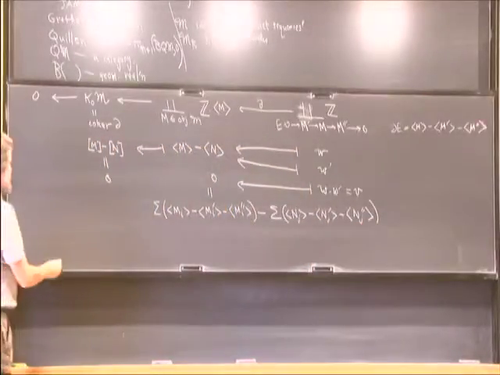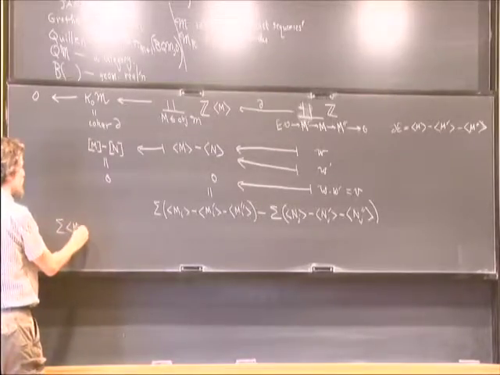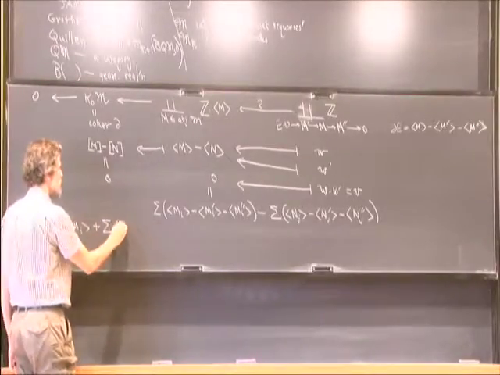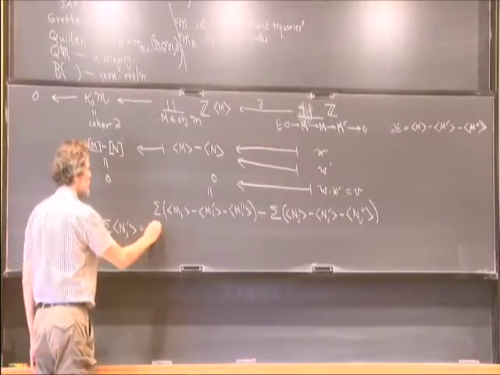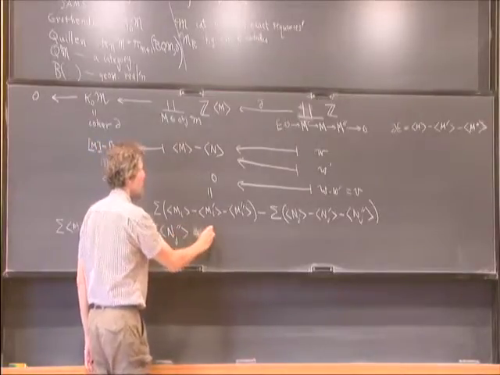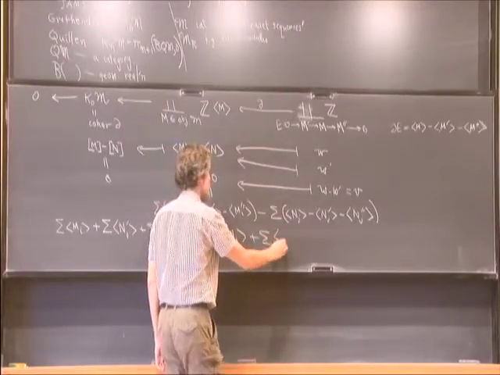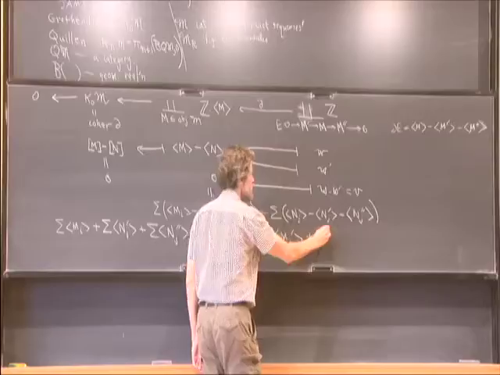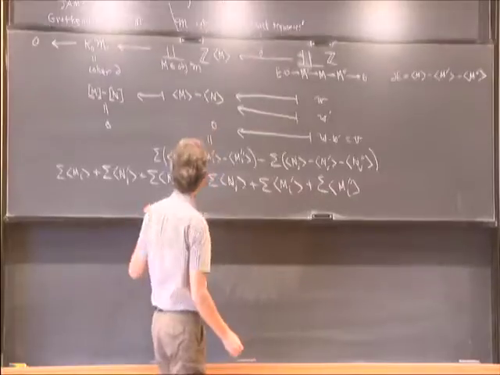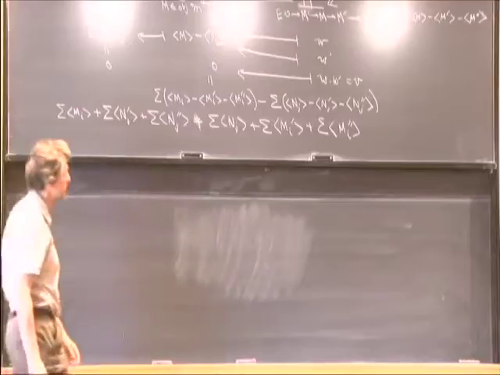So now let's collect positive and negative terms and put them on opposite sides of the equations. And this is an identity in the free group on the object.